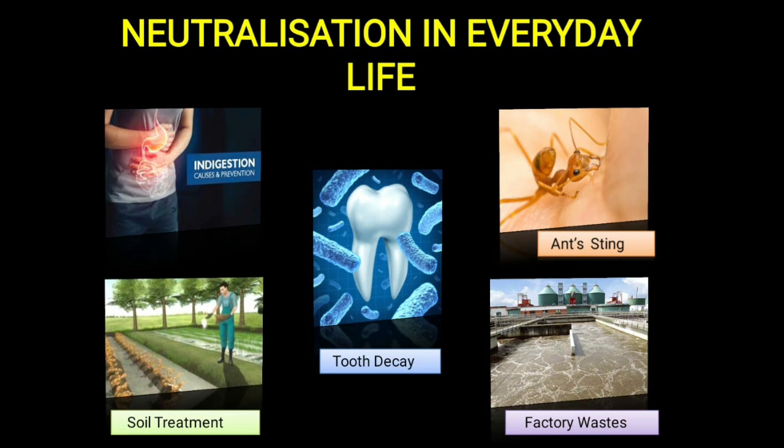In sewage treatment, several industries produce acids as waste. If they are allowed to flow into water bodies, these wastes would affect aquatic organisms. Slaked lime, that is calcium hydroxide, is often used to neutralize this acidic waste let out from the factories.